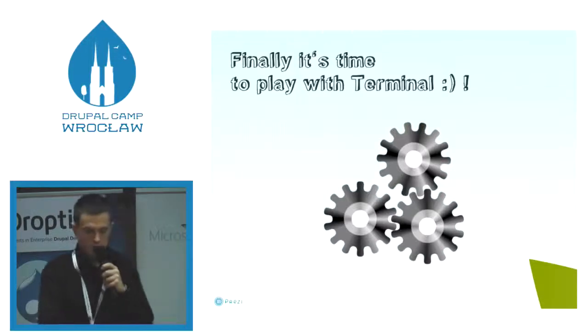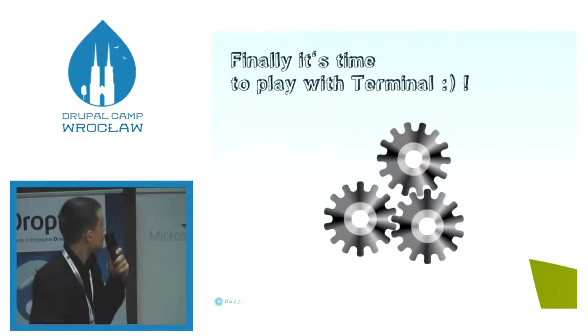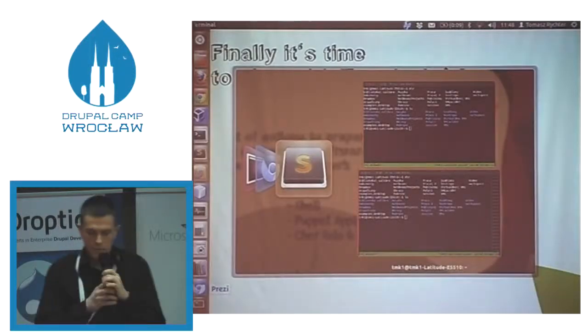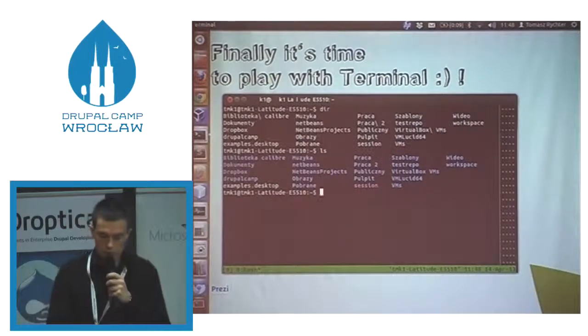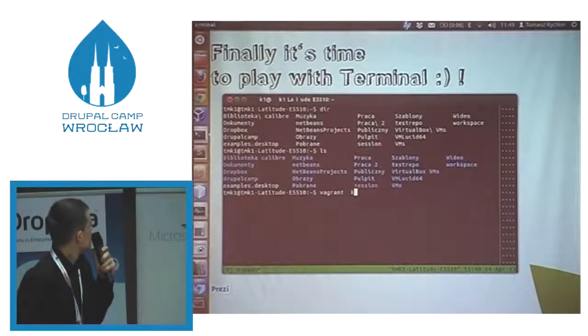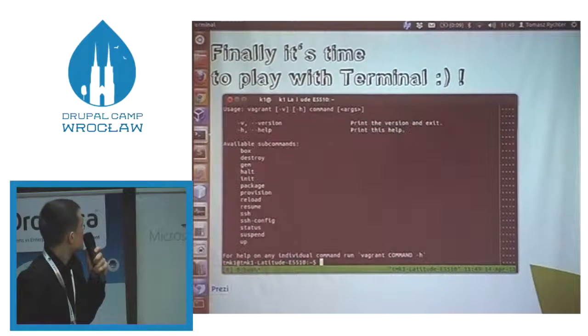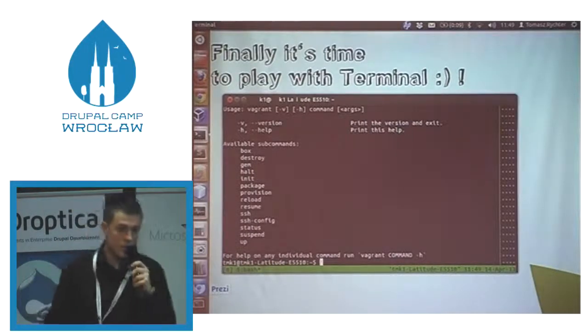Okay, I will try to show you my console. When Vagrant is up and running, you can type vagrant -h in your console and see the list of commands allowed to use with Vagrant.